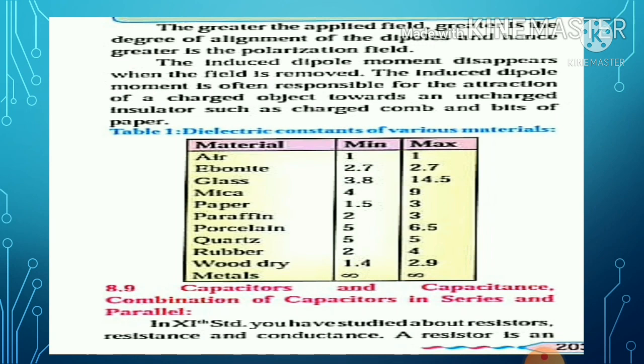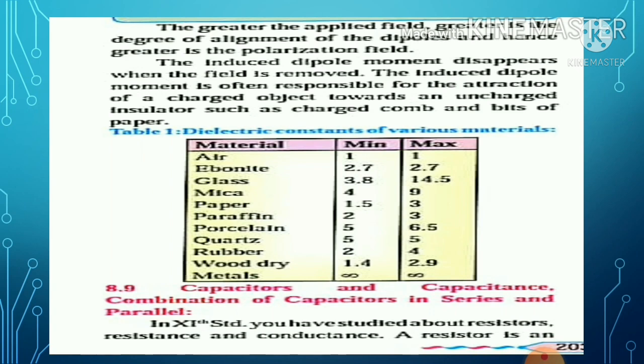The first material is air. Minimum value is 1, maximum value is 1. Then the second material is ebonite. The value of dielectric constant in the minimum column is 2.7, and in the maximum column 2.7 as well.